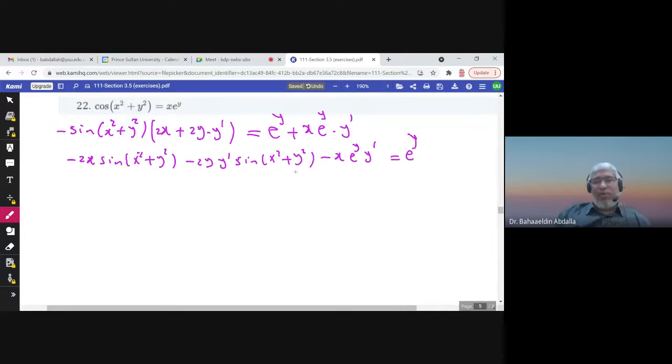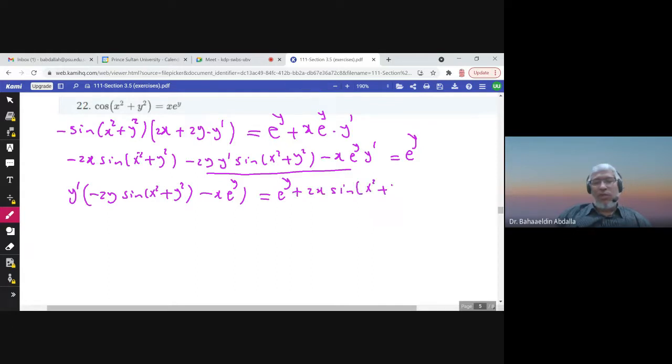Now I will take y prime as a common factor from these two terms. So negative 2y sine(x squared plus y squared) minus x e to the power y equals e to the power y plus 2x sine(x squared plus y squared).